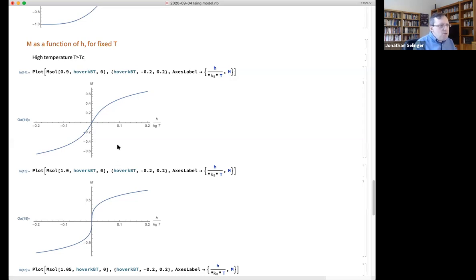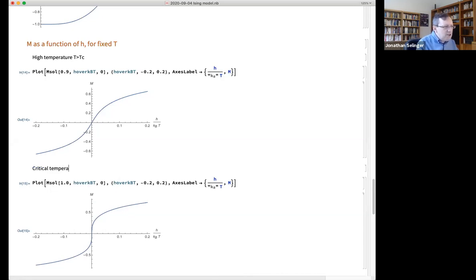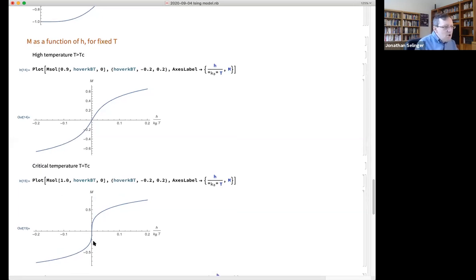Now, what if you reduce the temperature? If you reduce the temperature, the behavior will be sharper and sharper. That is, there will be a bigger and bigger slope right here at the origin. So now I'll mark this curve as at the critical temperature, T equals T_C. Right here, there is one point right at the origin with infinite slope.